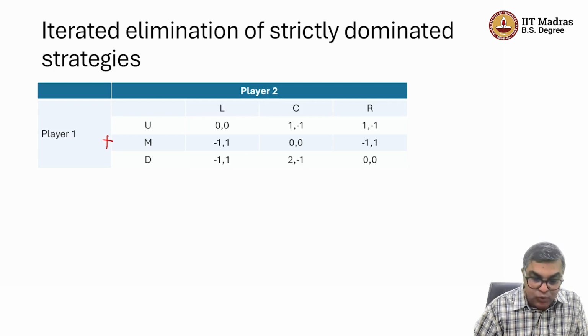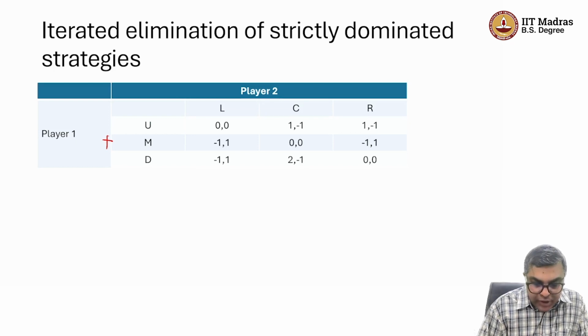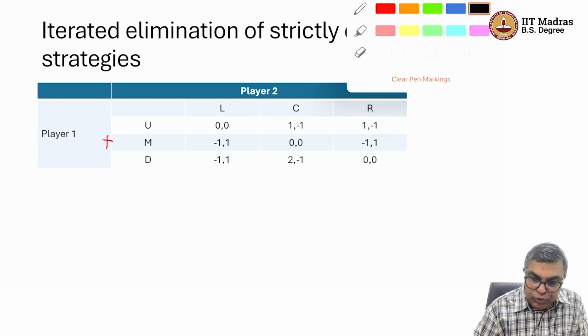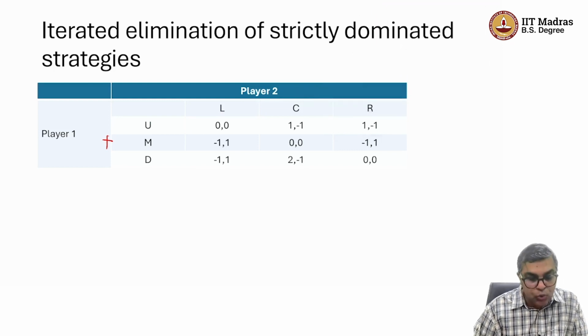Player 1 knows that player 2 is rational, player 2 knows that player 1 is rational. We still cannot remove M from this game just because player 1 is not going to play it, but does player 2 know that player 1 is not going to play M?